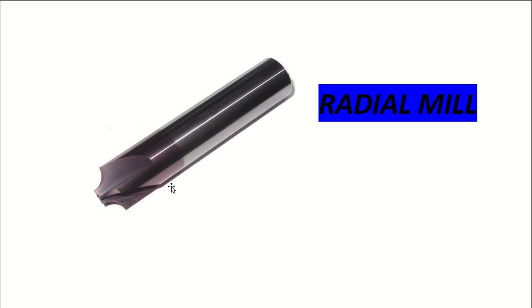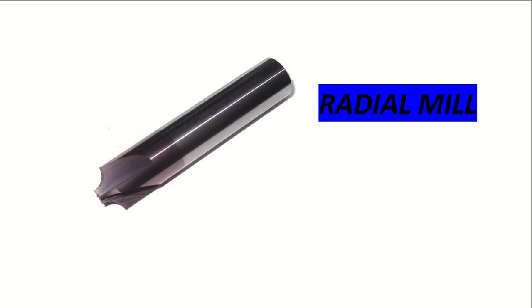These all are form tools. For example, if R3 is required on the top side of the component, we have to select an R3 radial mill. It will generate R3. This is the cutting area. Only this area cuts, and R3 will be formed as the radius. So this reduces cycle time a lot and the finishing accuracy is very good.